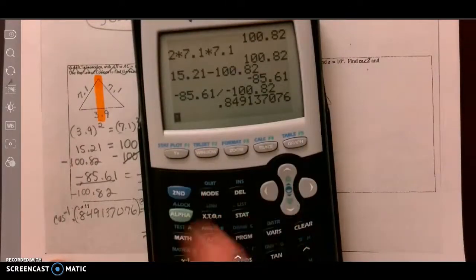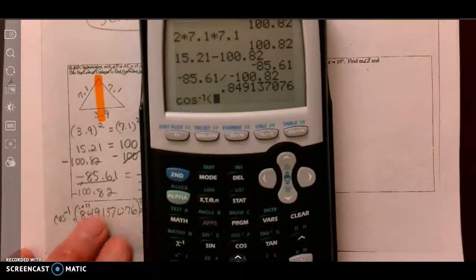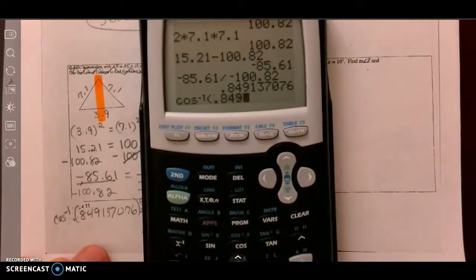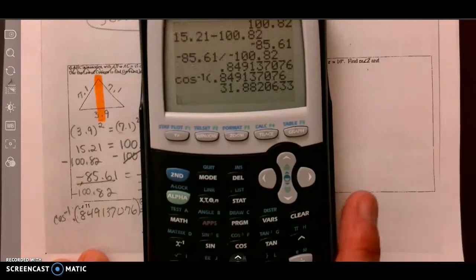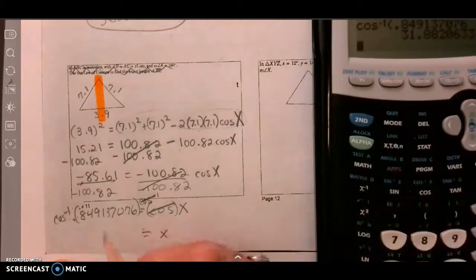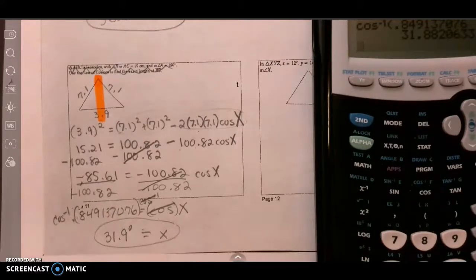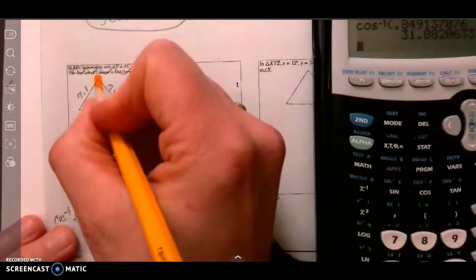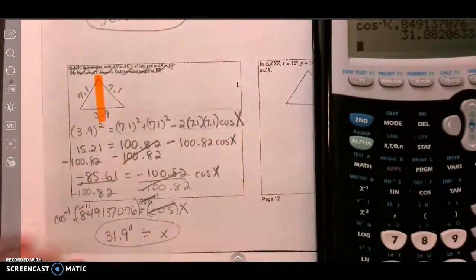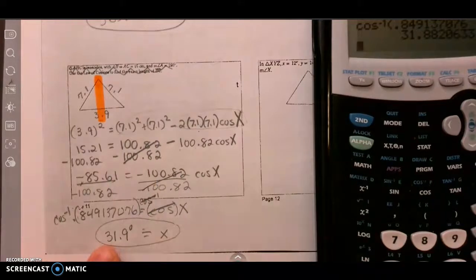So I do inverse cosine 0.849137076, and it's 31.88 or 31.9 degrees, if I'm rounding to the nearest tenth. That's the smallest angle. So this angle right here is 31.9 degrees.